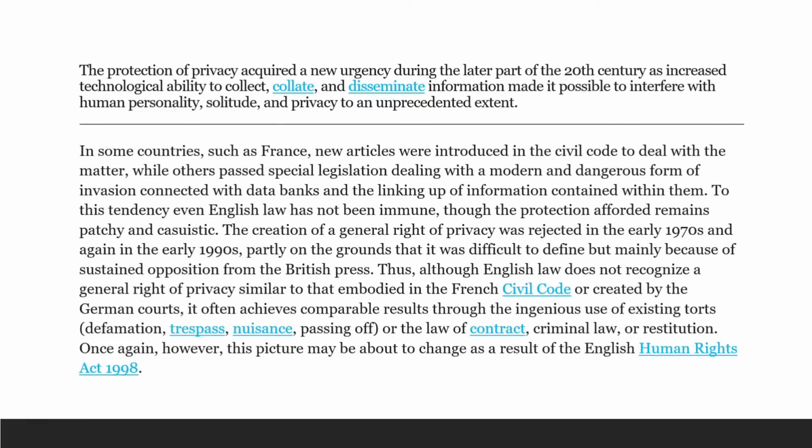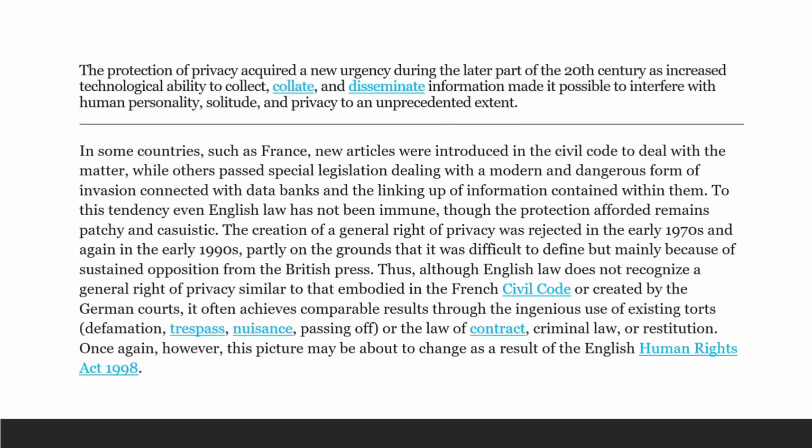In some countries, such as France, new articles were introduced in the civil code to deal with the matter, while others passed special legislation dealing with a modern and dangerous form of invasion connected with the data banks and the linking up of information contained within them. To this tendency, even English law has not been immune, though the protection afforded remains patchy and persistent.